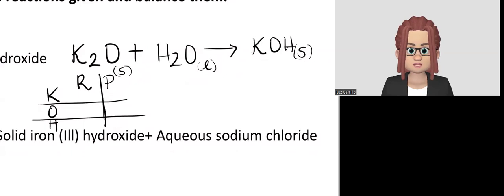In the reactant, I have 2 potassiums. In the reactant, I have 2 oxygens. In the reactant, I have 2 hydrogens. In the product, I have 1 of each atom.